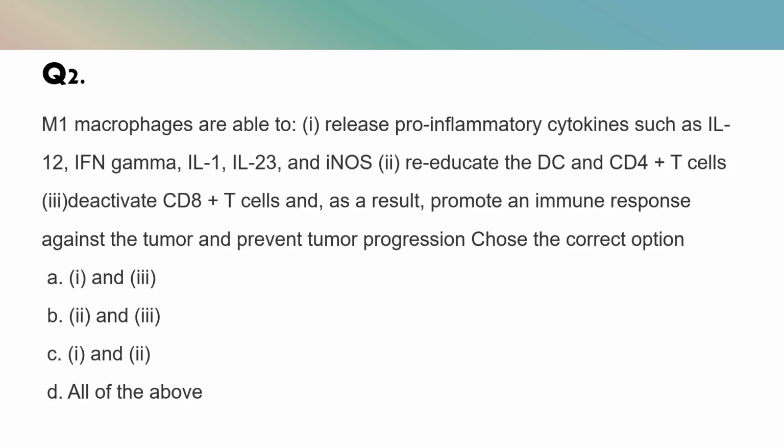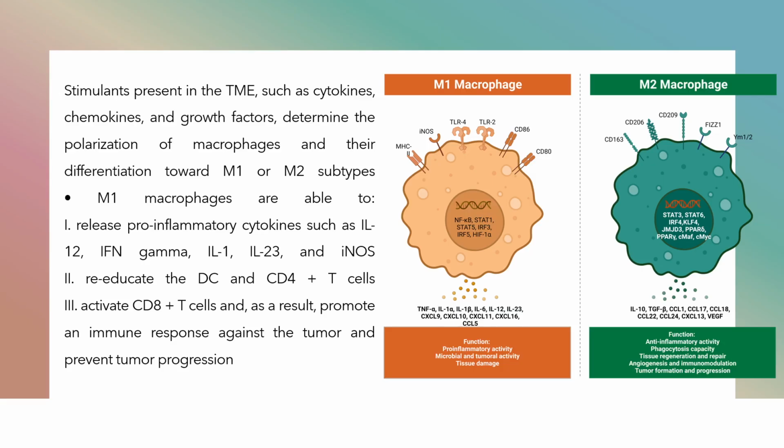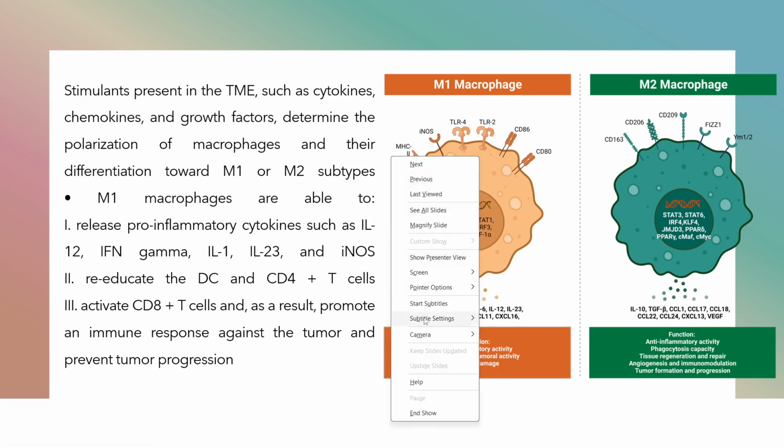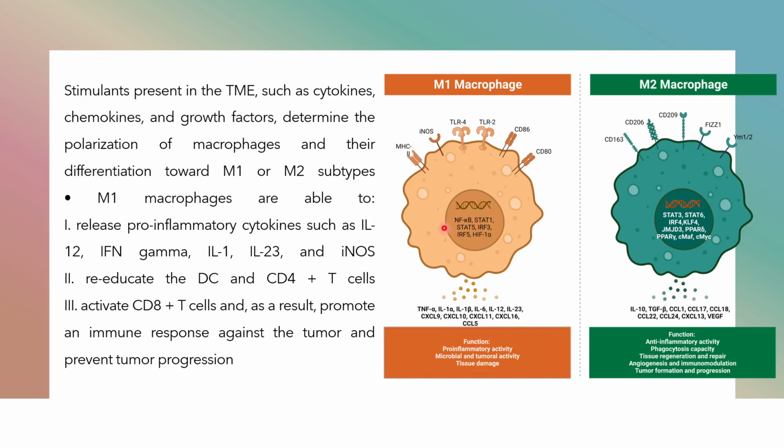Okay, let's discuss it then. See here, this is the structure of M1 macrophage, and this is the structure of M2 macrophage. So what are M1 and M2? Stimulants present in the TME, the tumor microenvironment, such as cytokines, chemokines, and growth factors, determine the polarization of macrophages and their differentiation towards M1 and M2 subtypes.